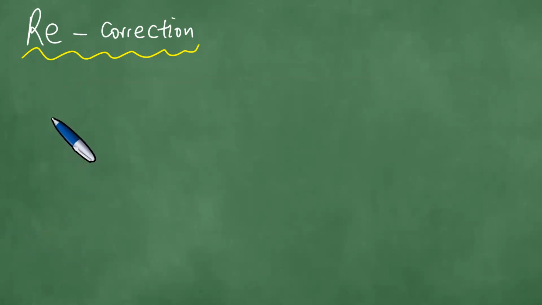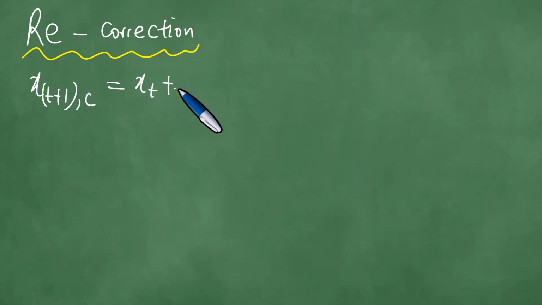And say, for example, x t+1, correct, is equal to xt plus h over 2.